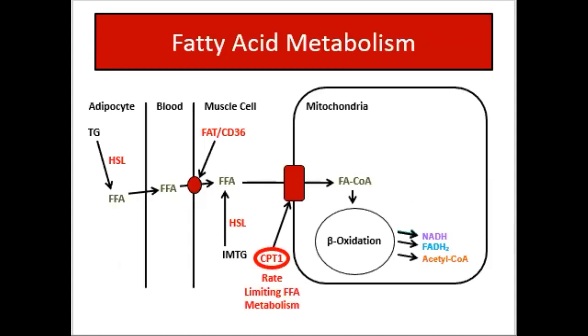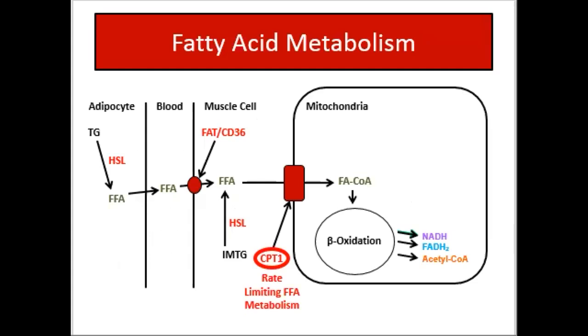And again, this slide is just showing you what we talk about in terms of beta oxidation, with CPT1 being the rate limiting enzyme in free fatty acid metabolism. So the ability of CPT1 to transport those free fatty acids into our mitochondria is going to determine how fast that free fatty acid is broken down.